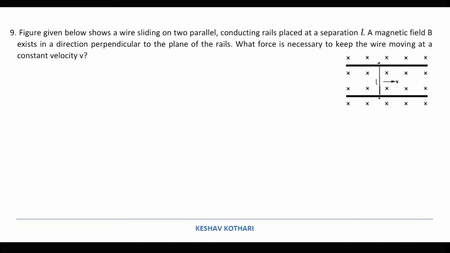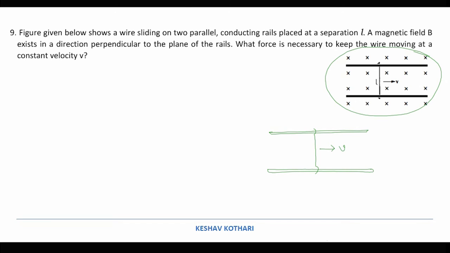Now in this particular problem we find that the circuit is not complete. The diagram has parallel rails, and the wire that is being slid over them offers a certain resistance.